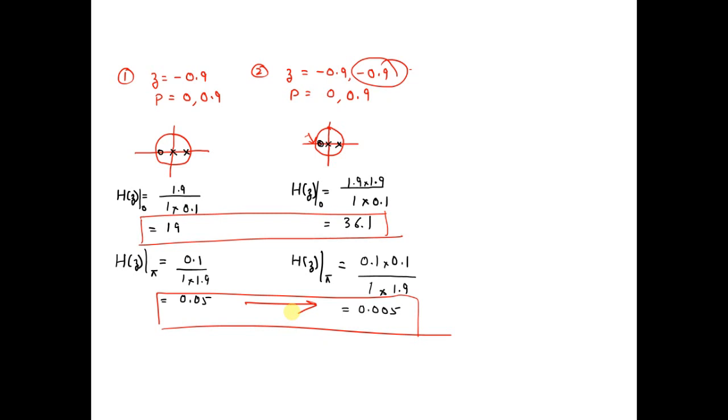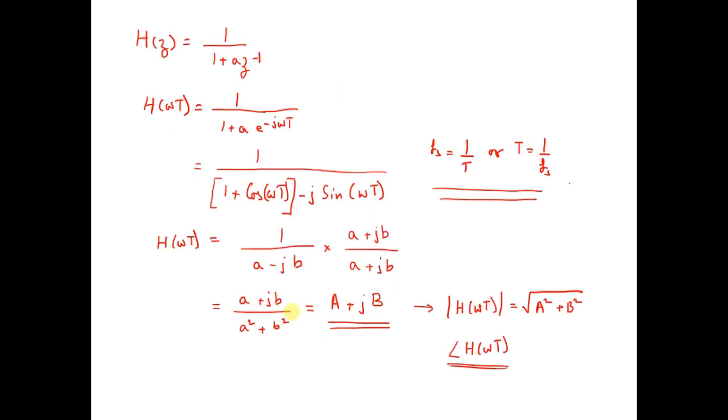Getting my point? Now suppose I tell you to find out the phase response of the system. How do you find it? I'm giving a simple example, but the same thing goes in all the other cases. H(z) equals 1 by 1 plus A z inverse.